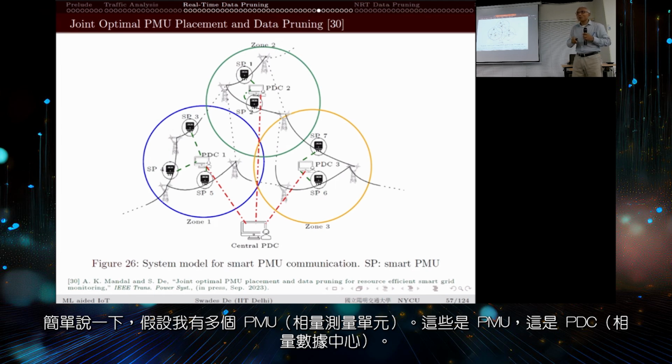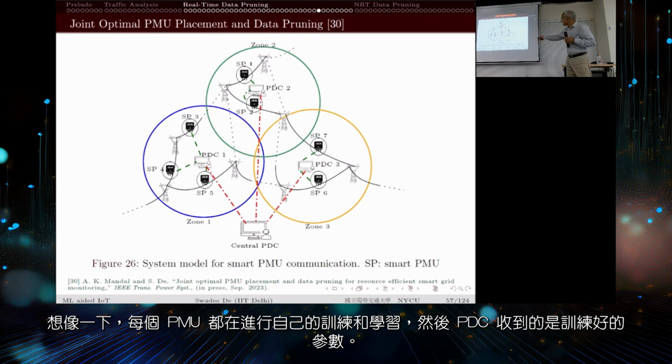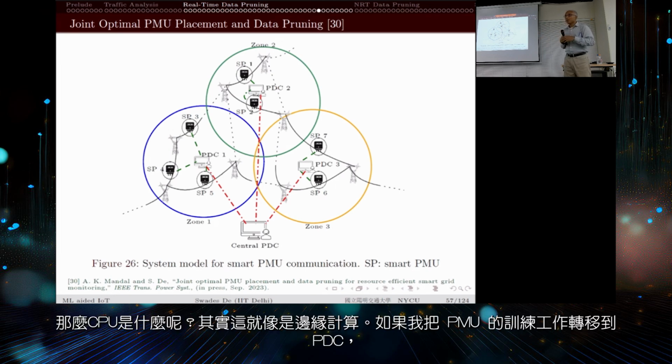Just to give a glimpse, imagine that I have multiple PMUs, and this is the PDC. Imagine that each PMU is doing its own training and learning, and then sends the trained parameters to the PDC. Versus if you invert the problem, it is like edge compute.